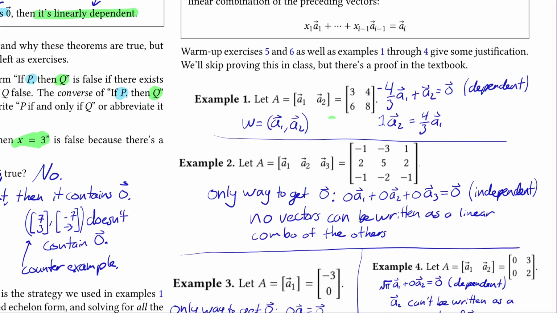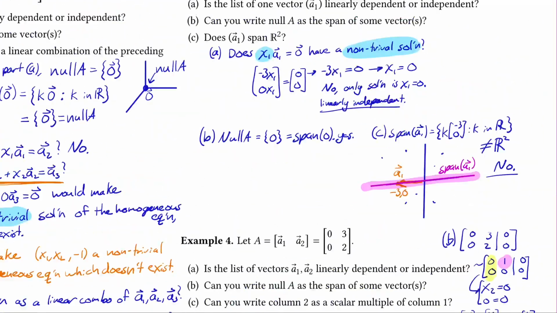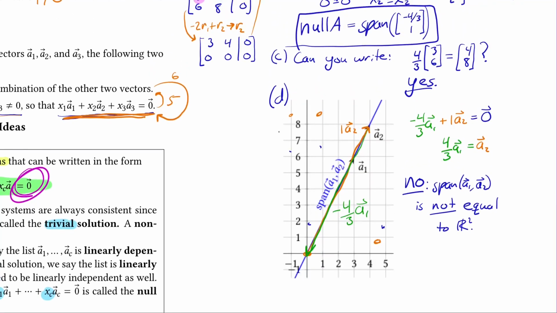So another way to visualize this is, let's remember what example 1 looked like when we looked at the span of a1 and a2. The two vectors were on the same line. They're in each other's span.